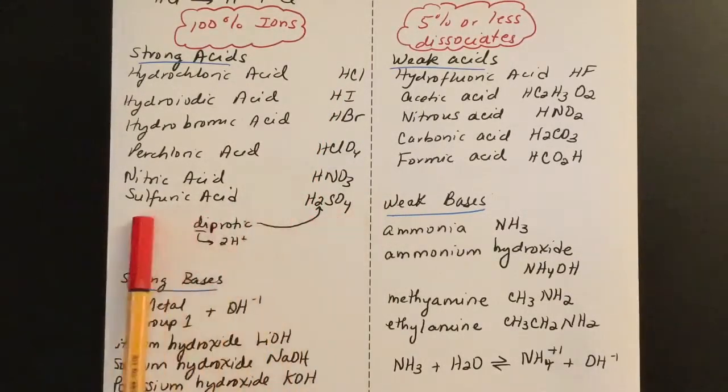The last one that I'm listing here, sulfuric acid, has H2, which means that acid contains 2 protons, and both protons are acidic. That acid with 2 protons is diprotic. If you have an acid with 3 protons, it will be triprotic. We call them polyprotic acids because you have more than 1 proton that can be donated in solution.